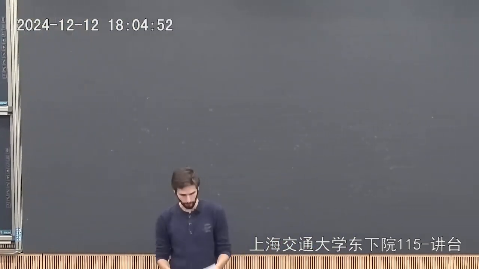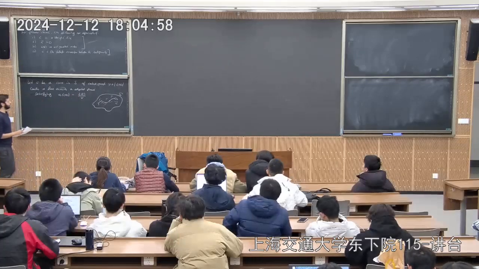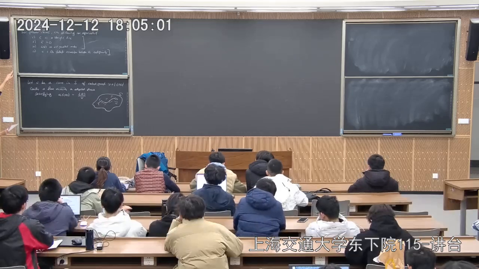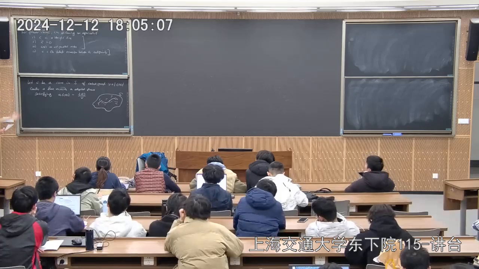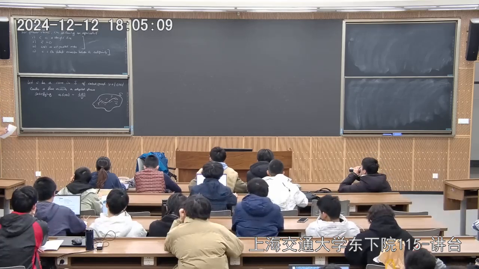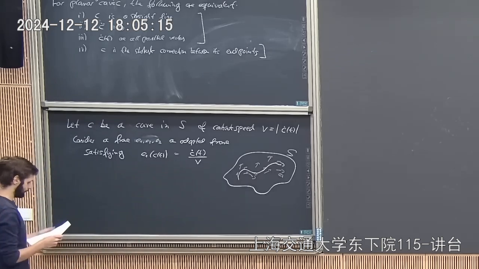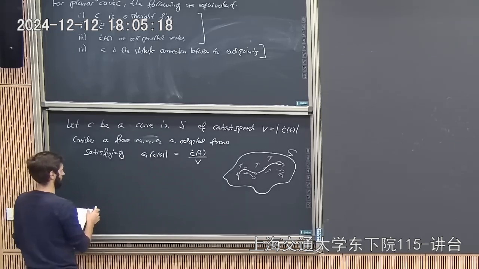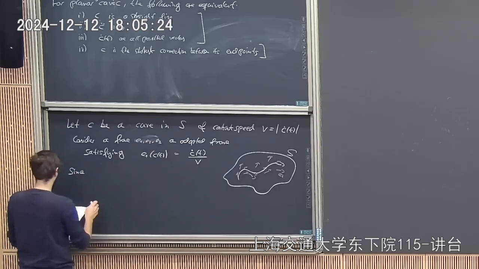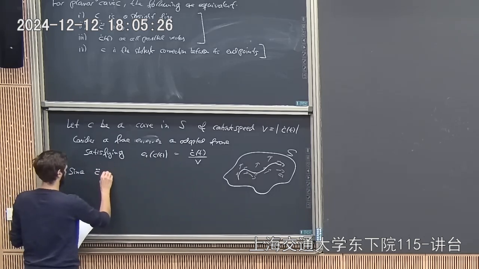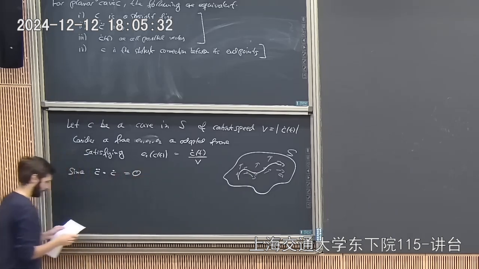So that's the setting, and what we would like to analyze is essentially the second derivative, the acceleration, because that was the second point. These straight lines are curves that have a nice acceleration. So let's try to see what happens to the acceleration on a surface, and see maybe we can connect that. We already know, because it has constant speed, that the inner product of the acceleration with the velocity will be 0.